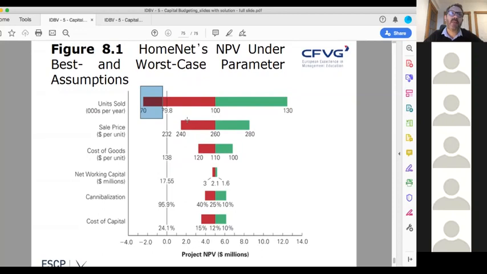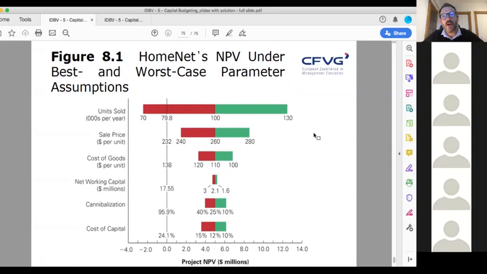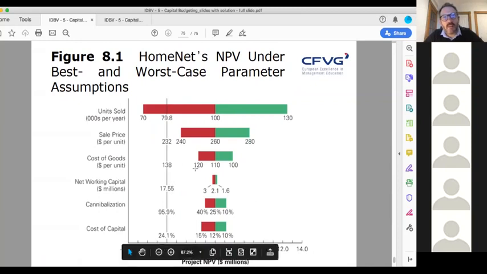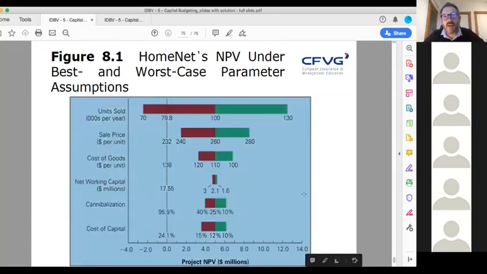So we can see, and this chart is very interesting because it shows which parameters are the most important to look after. For example, the net working capital: if our initial assumption is not good, about the percentage of receivable, the percentage of payable, whatever, we don't care.